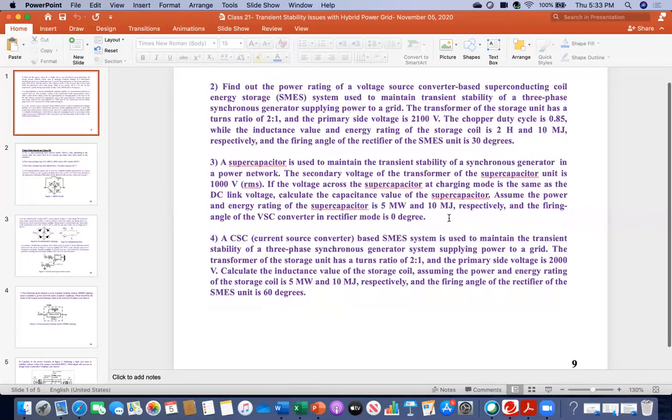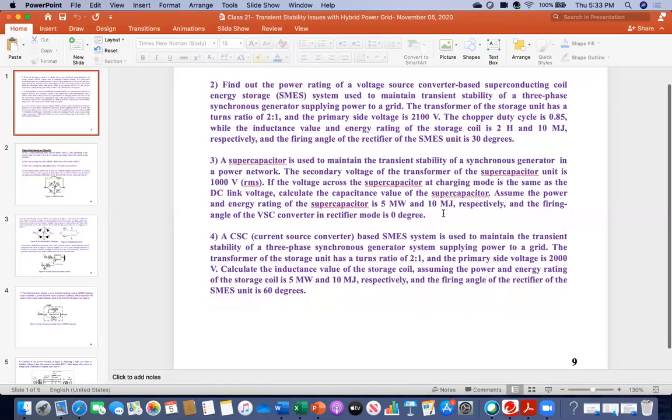Okay, so now can you try number 3? This is not the SMES, this is supercapacitor. A supercapacitor is used to maintain the transient stability of a synchronous generator in a power network. The secondary voltage of the transformer of the supercapacitor unit is 1000 volt RMS.